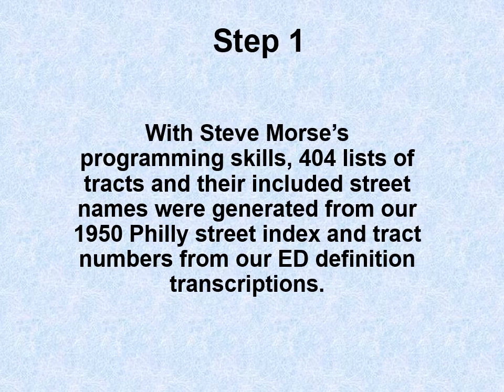All right. So step one, with Steve Morse's programming skills, he's a master programmer. He's also the chief architect of the 8086 computer chip, by the way. 404 lists of tracts, that's how many there are in Philadelphia, and their included street names were generated from our 1950 Philly Street Index and tract numbers from our ED definition transcriptions.